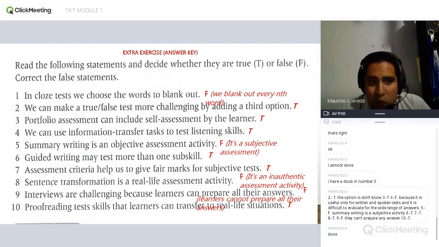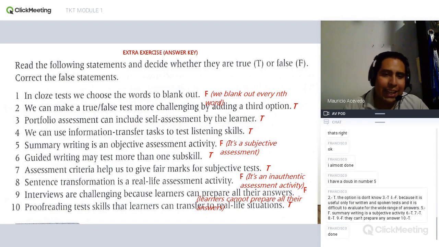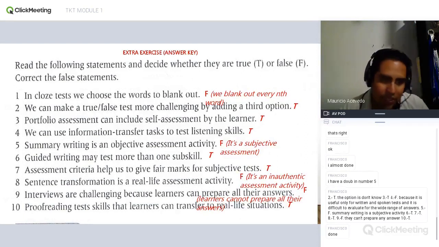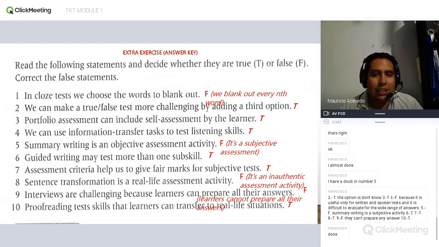Number 8, guess what? Number 8 is false. Sentence transformation is a real life assessment activity. Not exactly, it's more like an authentic assessment activity. What is the difference, Francisco? Basically, in sentence transformation, you don't really do that in real life. Sentence transformation is just more for grammatical stuff, and that's why it is called inauthentic, sorry.